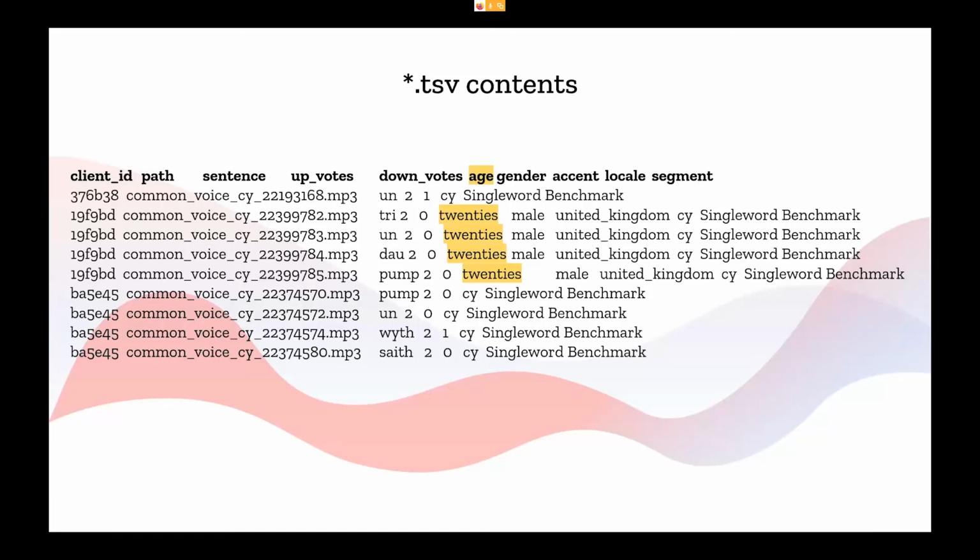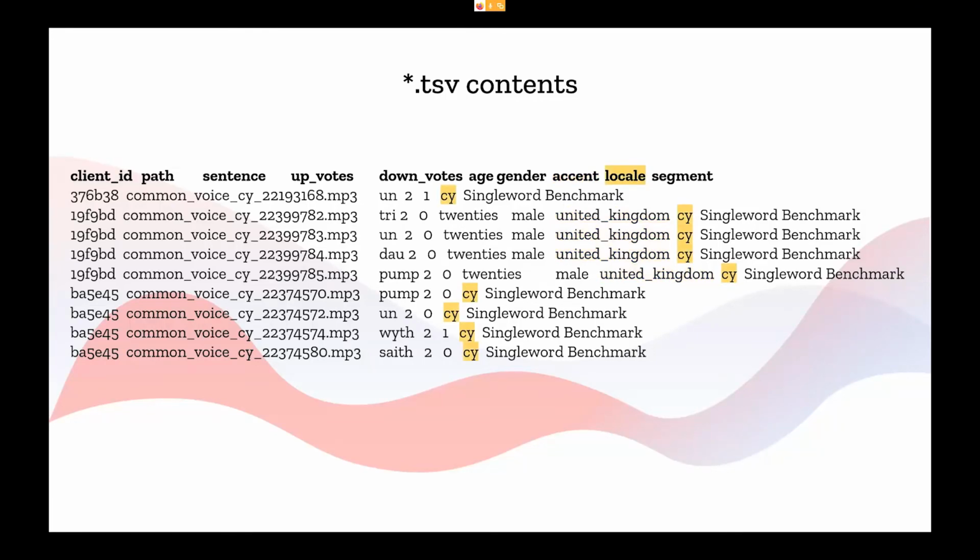So this person gave us information on age, gender, and accent. That is something that you get through the accounts feature. If you went on Common Voice and donated, but you didn't make an account, there's no information on your demographics in here, because basically we don't have that information.